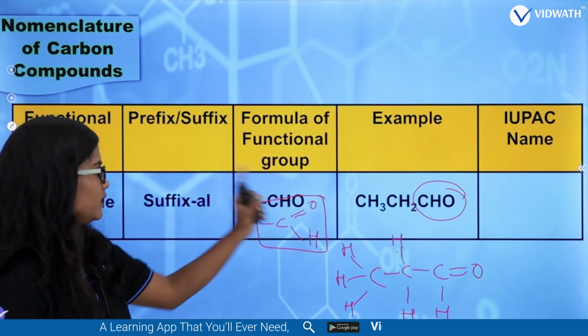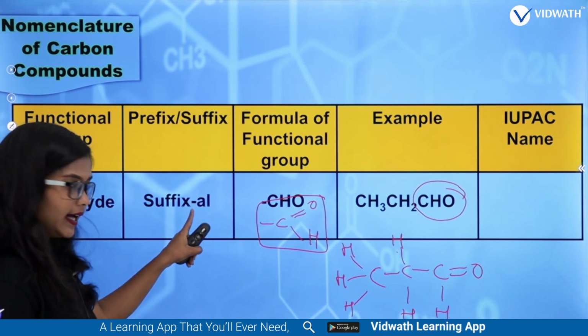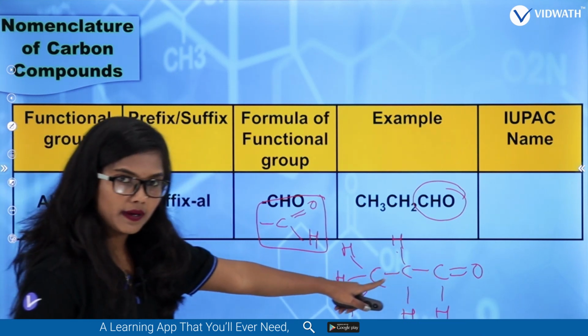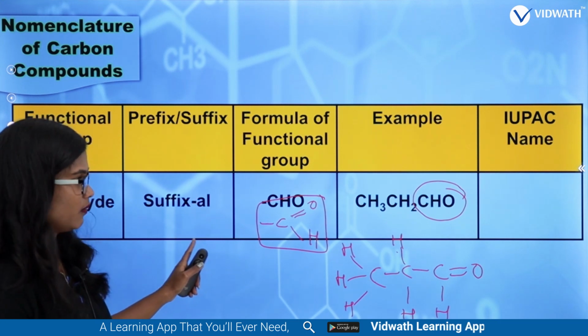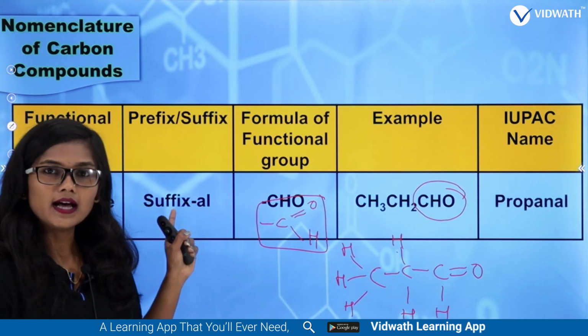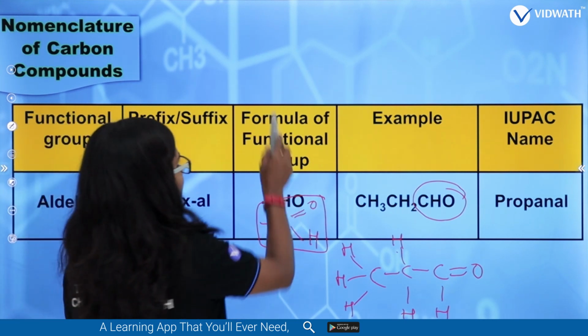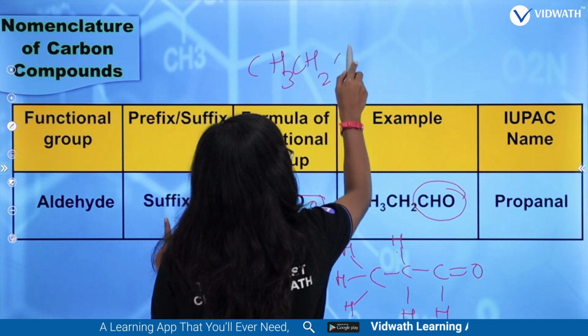If it is an aldehyde group, we term it with the suffix "al". So we have propane with the aldehyde group, that is "al". What is the name of that one? Propanal. Clear? Similarly, you can write butanal also. Suppose we have CH3, CH2, CH2, CHO.